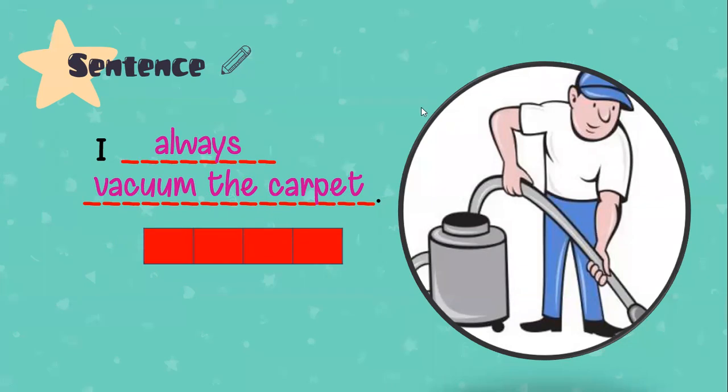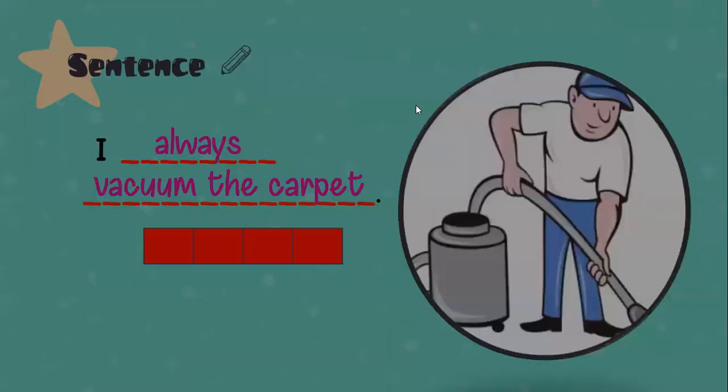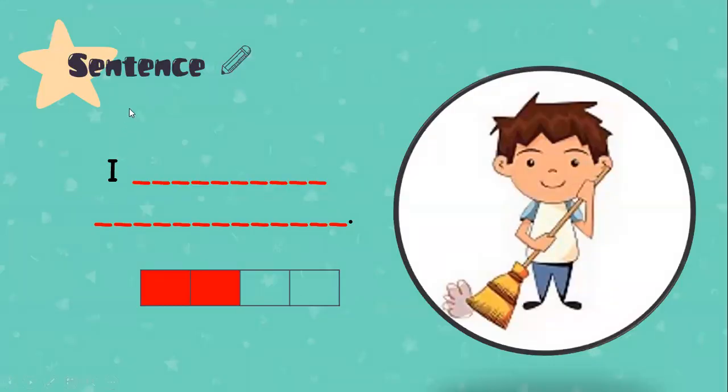Now we are going to see another example here. Look here. I always, the adverb is always. What about this? What is this? This is, yes, this is sometimes.